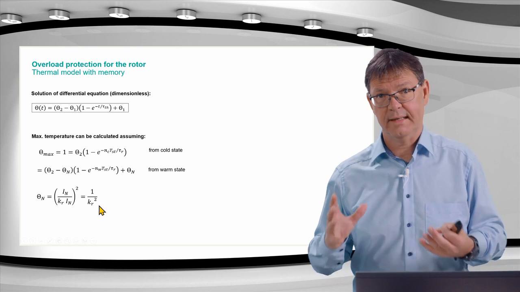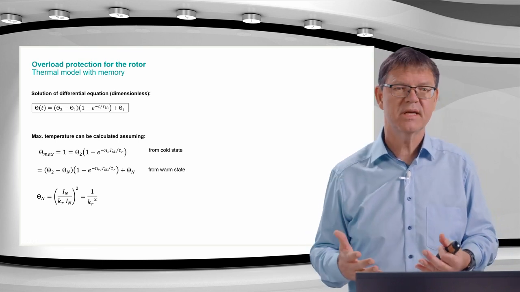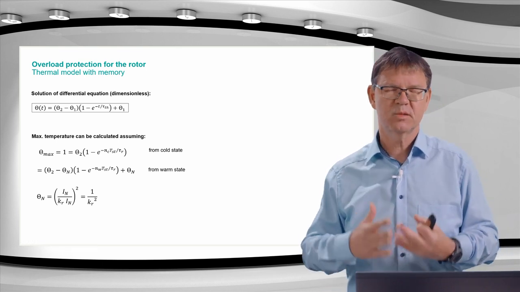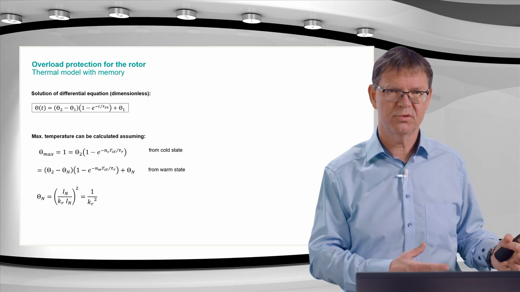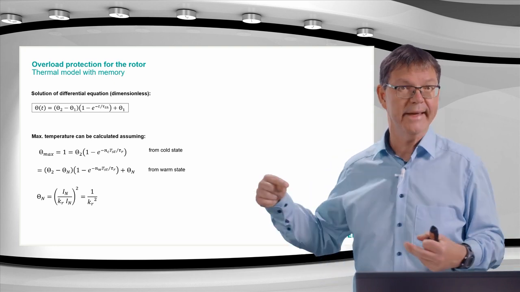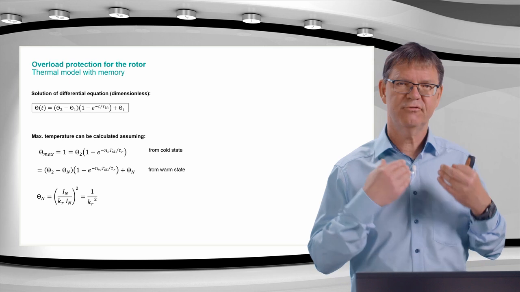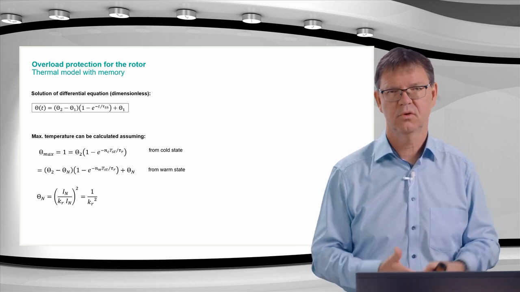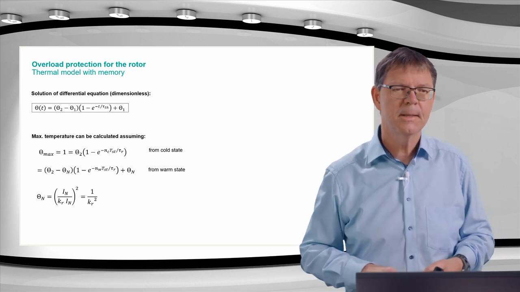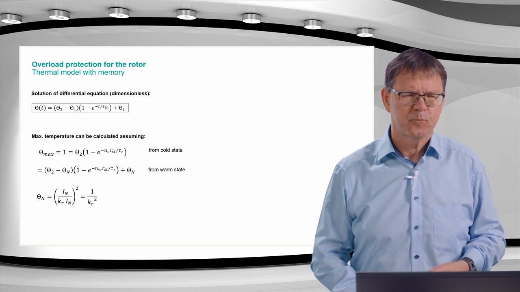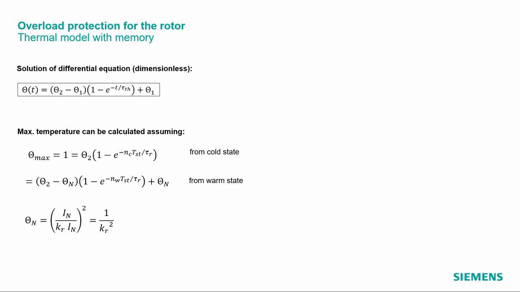The meaning of this K factor is identical to what I explained for the stator ground fault protection, meaning K times IN is the current which can permanently flow into this motor, on the stator side or on the rotor side, so that I do not overshoot the maximum temperature, basically. So the maximum current Kr times IN or K times IN for the stator here.